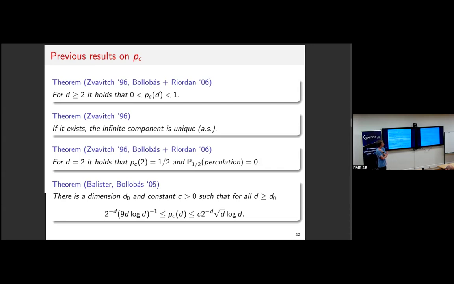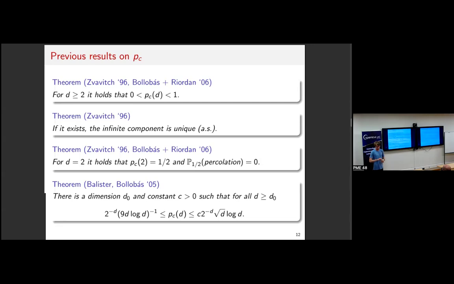And this is very classical in percolation, that you can say something in 2 dimensions using dual arguments, and for very large dimensions. And we will see later why you can say something for large dimensions. But maybe any questions?